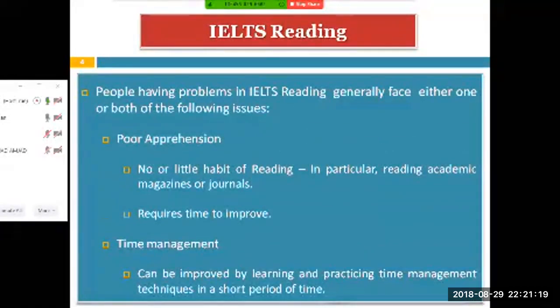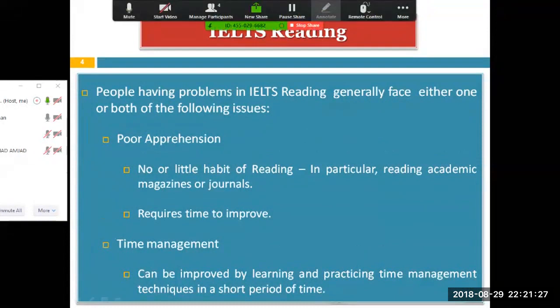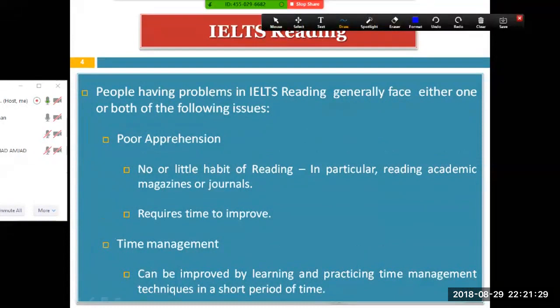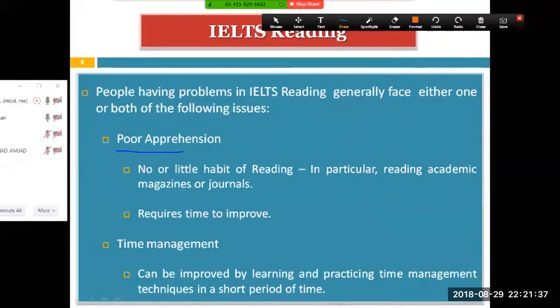This will help you figure out what your weakness is. Based on my teaching experience, there are 2 problems that IELTS candidates face in reading. One is poor reading comprehension. They read, but they don't understand what is written.